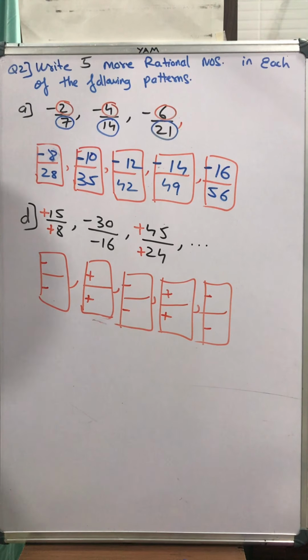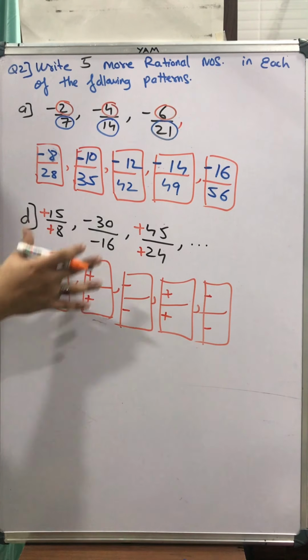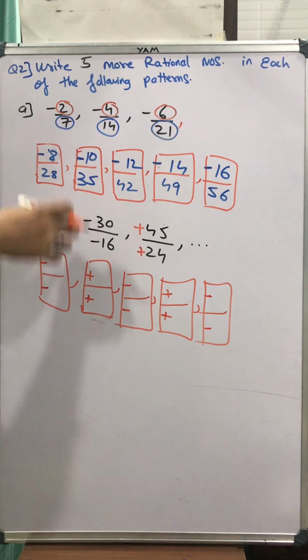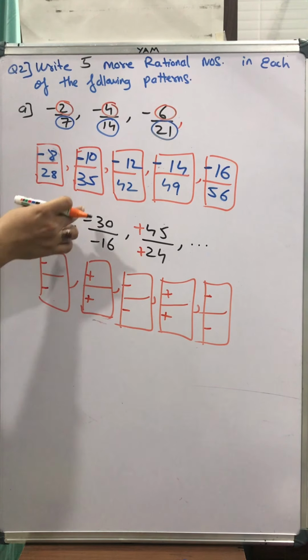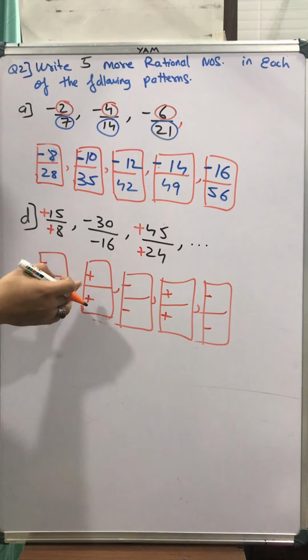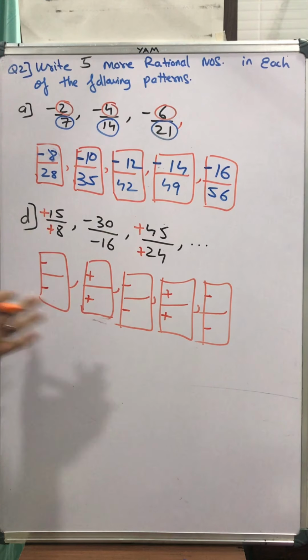There can be a doubt in your mind: sir, minus minus cancels. I know it cancels and the fraction becomes positive. But when we are writing the sequence pattern, we have to follow what they have written. Eventually I know the net effect will be positive, but we have to follow the pattern like this.